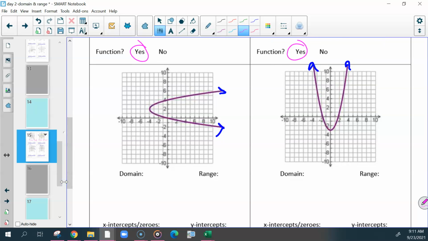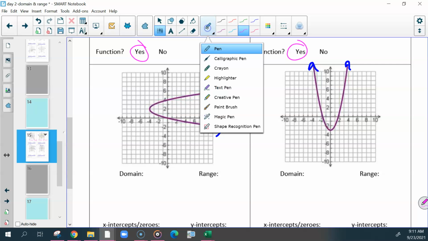I'm going to come down to this one. Does this one go both left and right? No. It has a stop, it has a starting point, really.